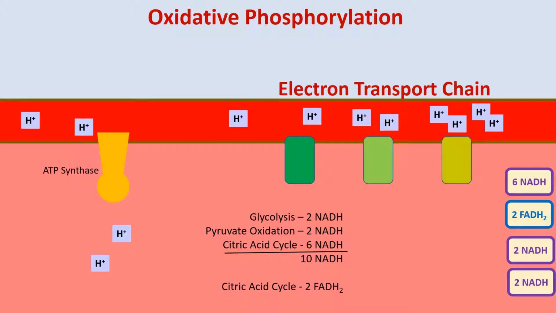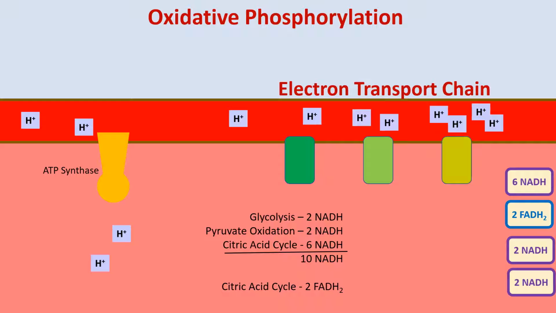So now we need to answer the question, why are these molecules so important? Well, it's because the oxidation of these molecules creates the energy that the electron transport chain uses to move the hydrogen ions out of the matrix back into the intermembrane space, where those hydrogen ions will be made available to ATP synthase to make ATP.